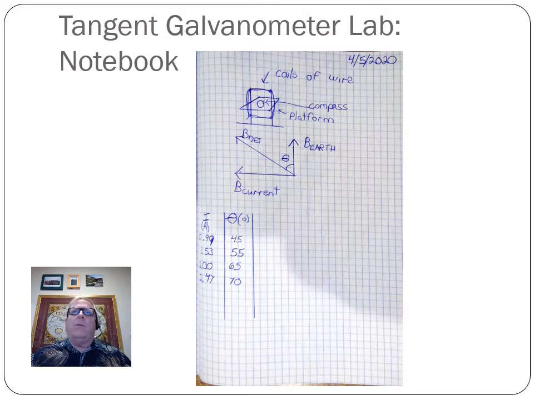This may be the one that I'm going to use in my final lab report, or it could be just a sketch that would help remind me of how we did the lab. You should always make a sketch of your apparatus because you might have questions later about how you did the lab. And then I did a little diagram there that we're going to show you more about later. It's how we're going to analyze the lab. And then I have my data table showing the raw measurements that we made.